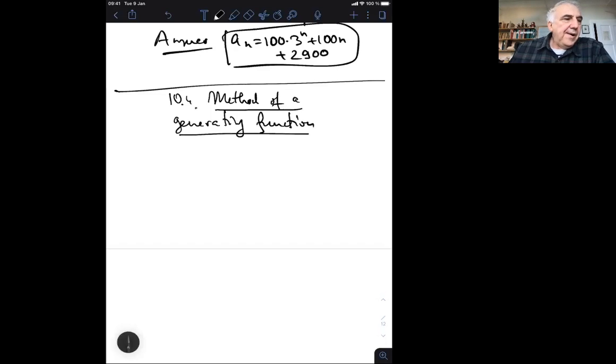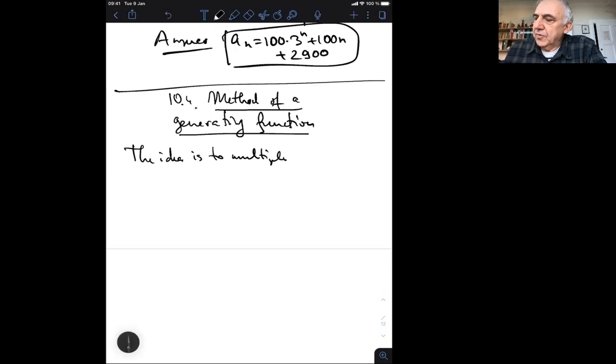Okay, so the idea is to multiply the equation.